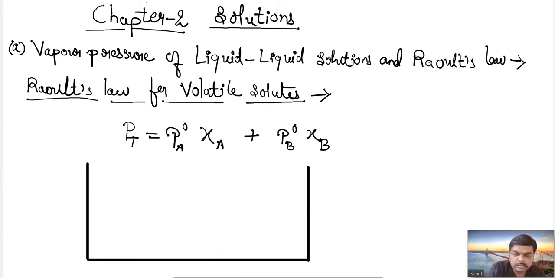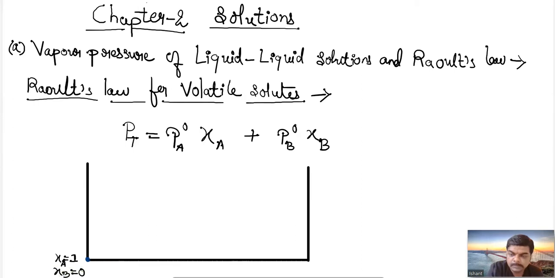At this point, the mole fraction of A component is 1, while the mole fraction of B component is 0.